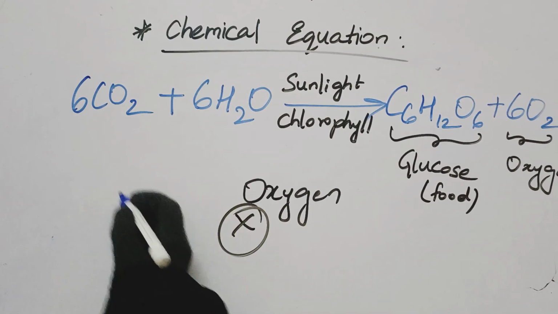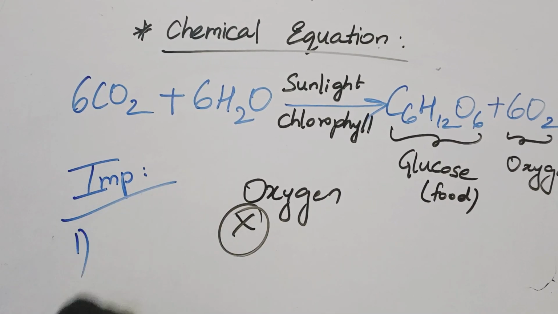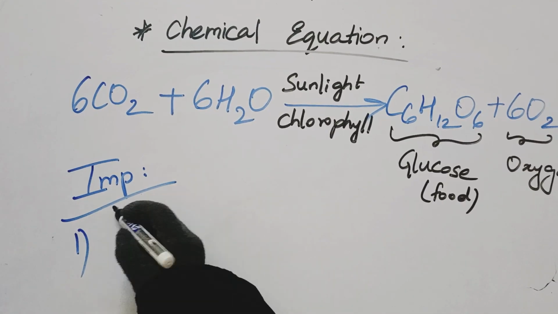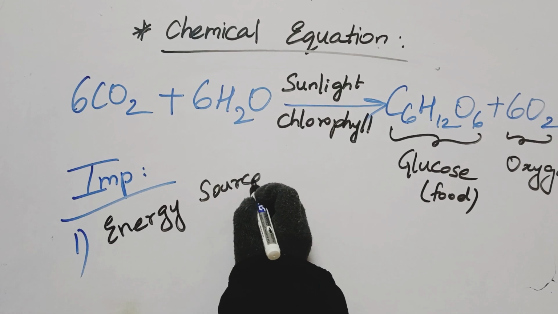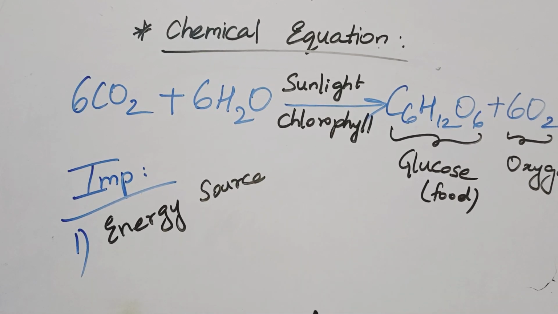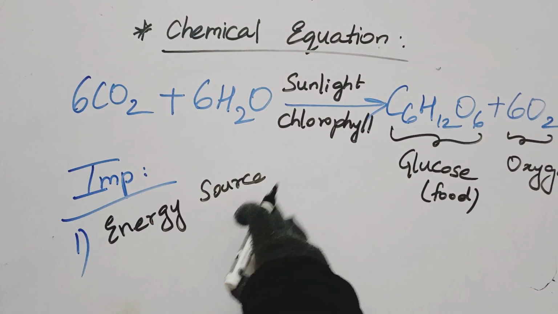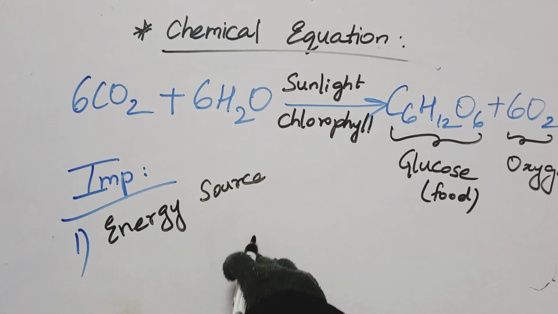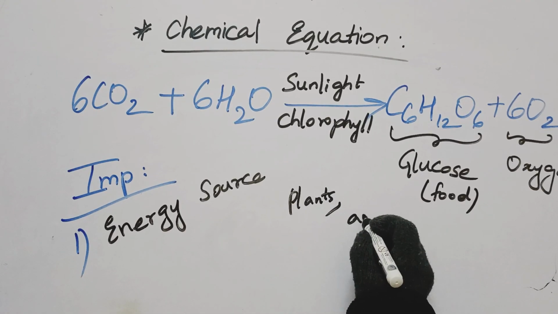Number one, if we talk about the importance of photosynthesis, the first point that I would like to highlight is that it is the energy source for all living organisms. Plants are the organisms which prepare food, so they are the food makers, the producers, and we eat plants directly, or we depend upon animals.